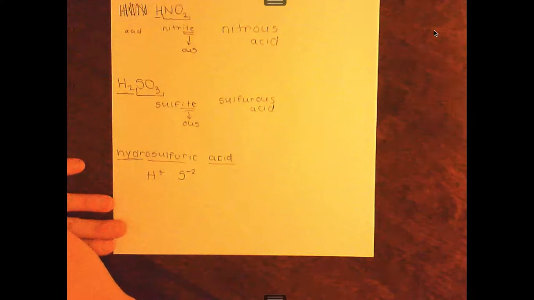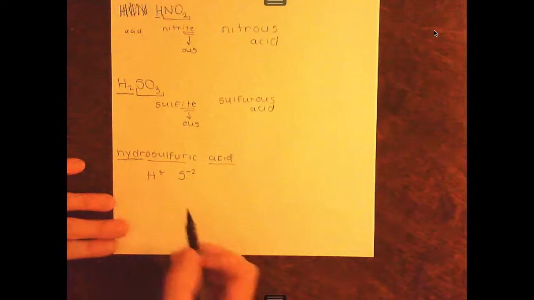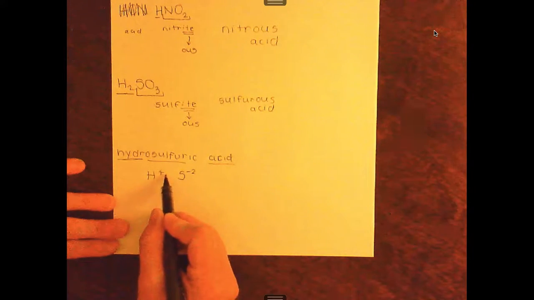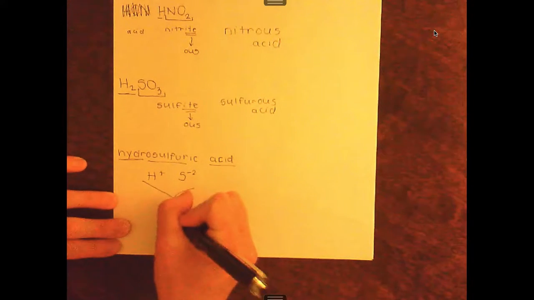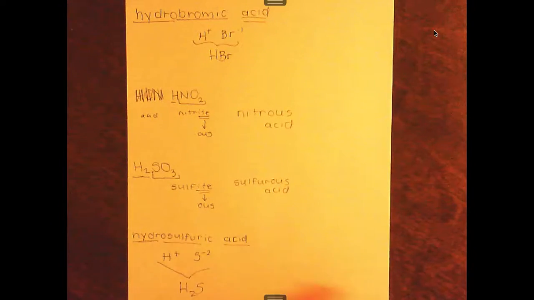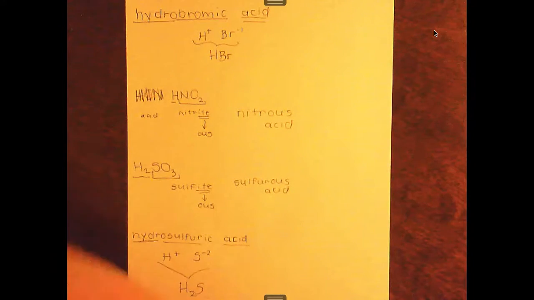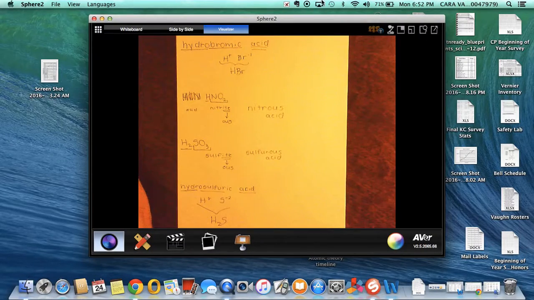Now this is just looking like an ionic compound. So we've got the -2 and the +1. How many hydrogens do I need to cancel out that -2? I need 2 hydrogens to cancel out that -2 on the sulfur. So, a couple of examples there. Please do not overcomplicate these. Just make sure you're identifying whether it is a binary acid or an oxyacid on the front end, and that will help you out tremendously.